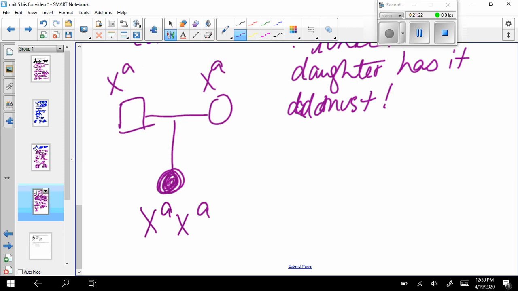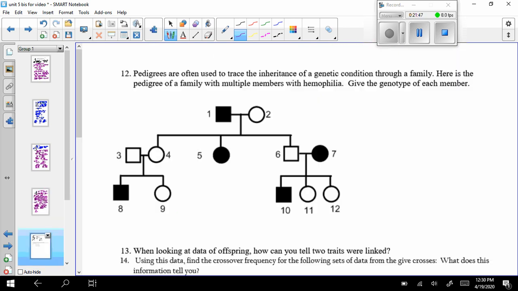So dad's other letter is a Y, which means that if he gave her that trait, he has to express the trait because he only has one X chromosome. That also explains why males are more likely to have sex-linked traits. They only have one X, so whatever they have is expressed. Whereas this female, her other letter could be X^A, and mom could not have the trait, but still pass it on to her children.